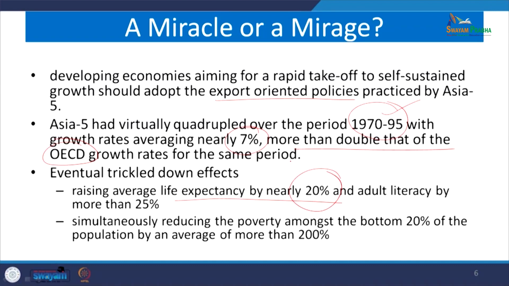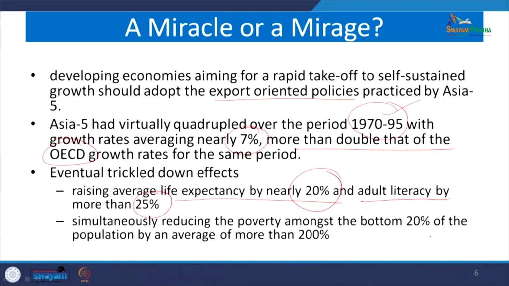The first trickle down was observed in terms of life expectancy, which increased nearly 20%. Adult literacy increased by nearly 25% in this duration, which is the best across the globe. Simultaneously, poverty reduced amongst the bottom 20% of the population, with a 200% fall in poverty during that phase.